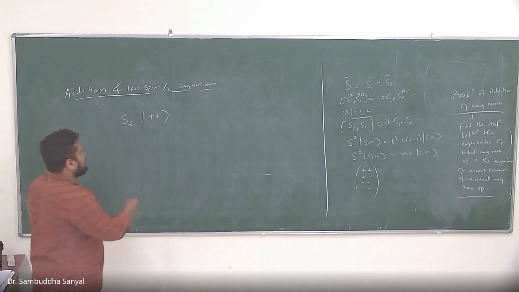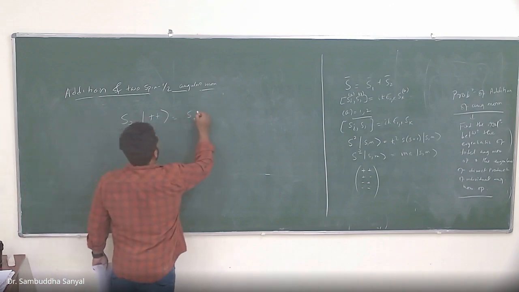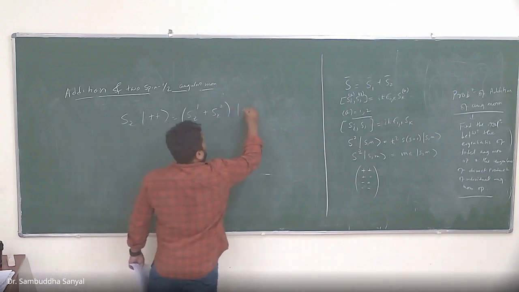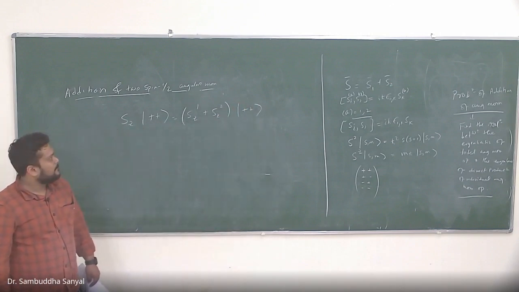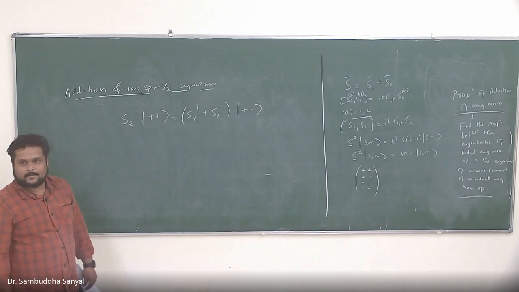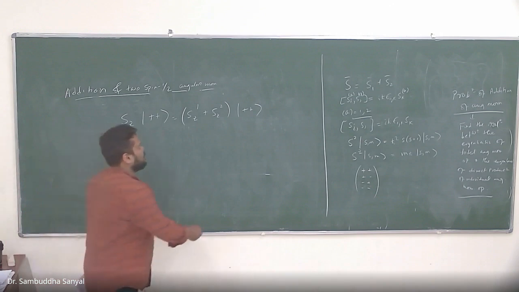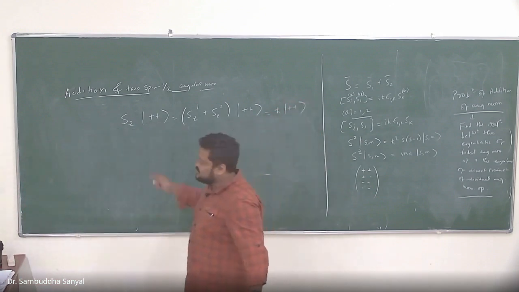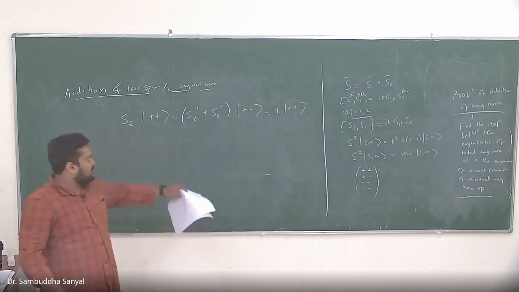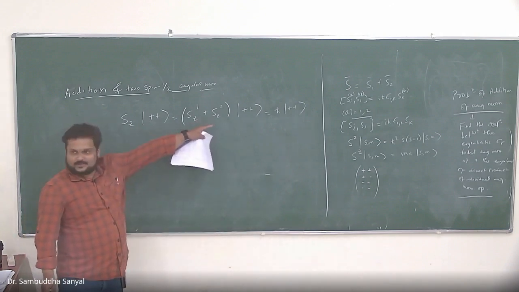Right? So what is this? Sz1 plus Sz2. What will it give me? Yeah. So it will give me h bar, right? So this is an eigenstate. But do you know how you should do it actually?